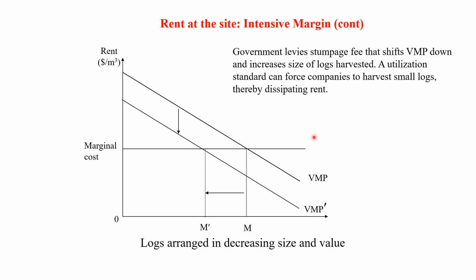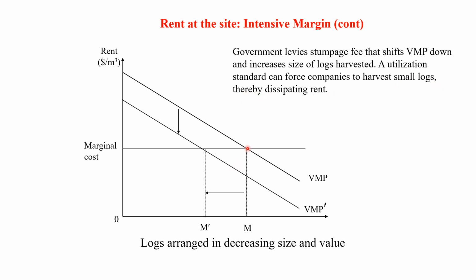But the government doesn't like this happening, so it forces the companies to harvest back to M through a utilization standard. A utilization standard forces the companies to harvest smaller logs than are justified.